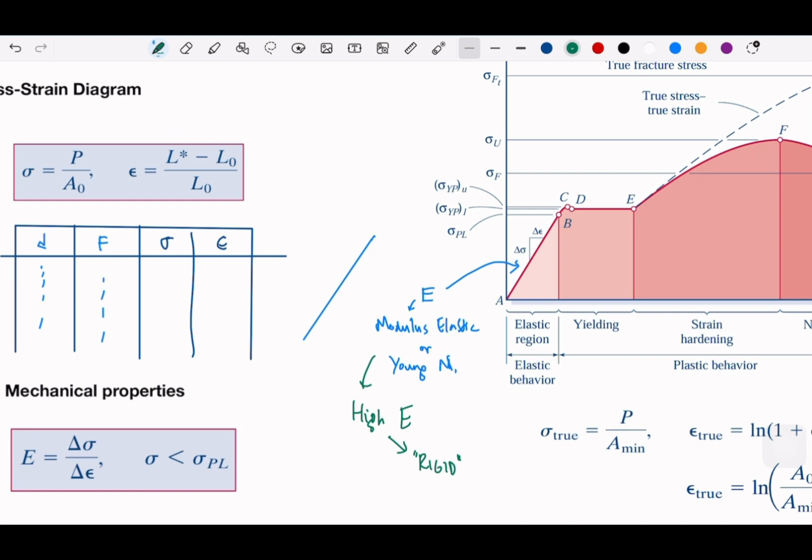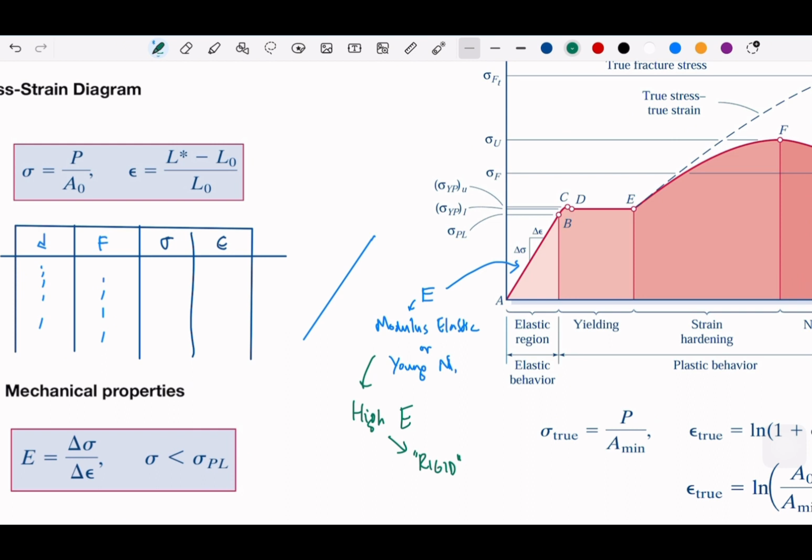It is still in that position until some point, which we call strain hardening. I think this is a little bit technical; I will explain strain hardening. But overall, from this point a long way until failure, we call this plastic behavior.